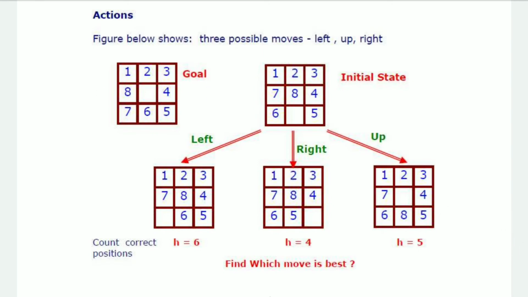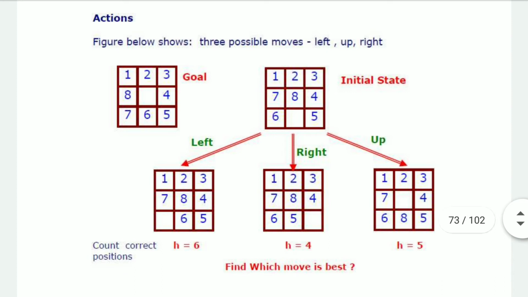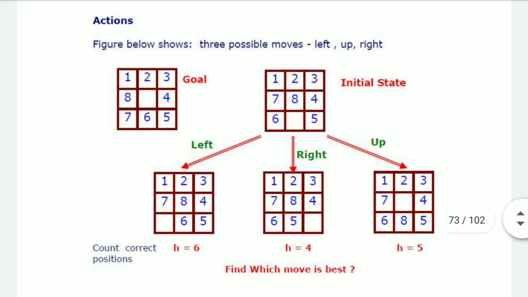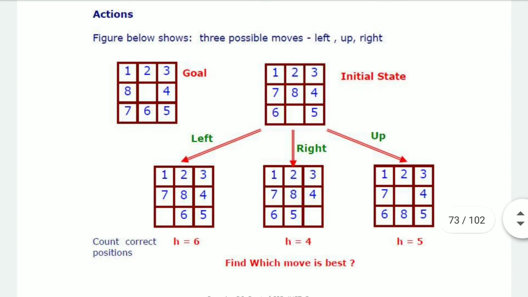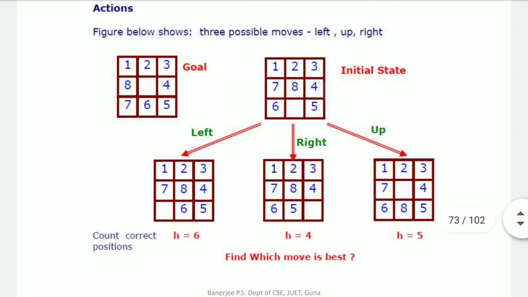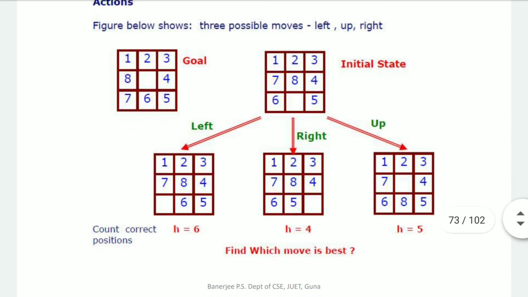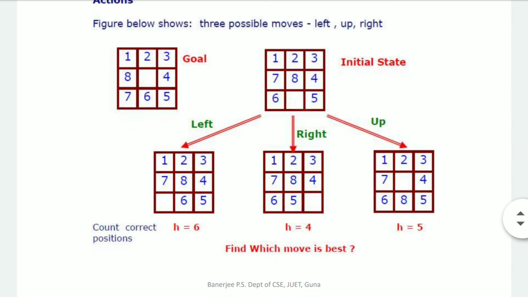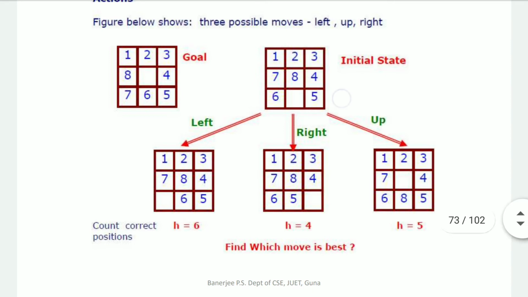Now when I am at my initial state, what are the 3 states that I can achieve? That means what are the 3 moves that I can make from this state? The three moves that I can have are the movement of the blank element towards my left, and the movement of the blank element towards my right.